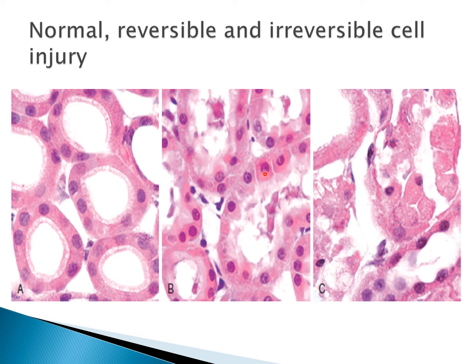Now, some of the cells will have some increased eosinophilia as a preparation to enter into the irreversible cell injury, in which you can see here the cytoplasm is very eosinophilic in some cells, and some cells have lost their nucleus altogether, and they are ruptured and lost. So this is the order of changes from normal to reversible injury to irreversible injury.